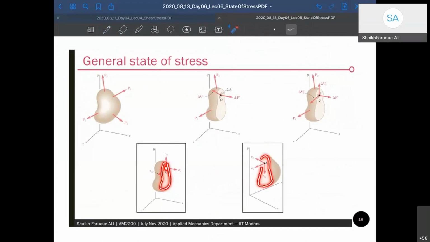This is my right half, this is my left half. In the left half also you will have similar stresses, sigma x, tau xy, and tau xz, right? So it doesn't matter which side you're looking at, they will have the same stresses as long as there is no extra force acting at that point itself. So this side is going to be the same, that side is going to be the same.